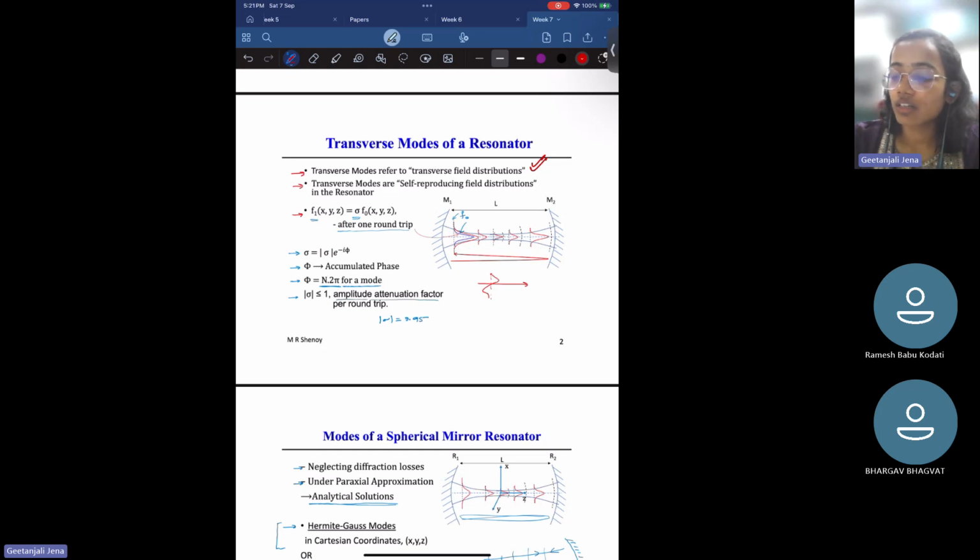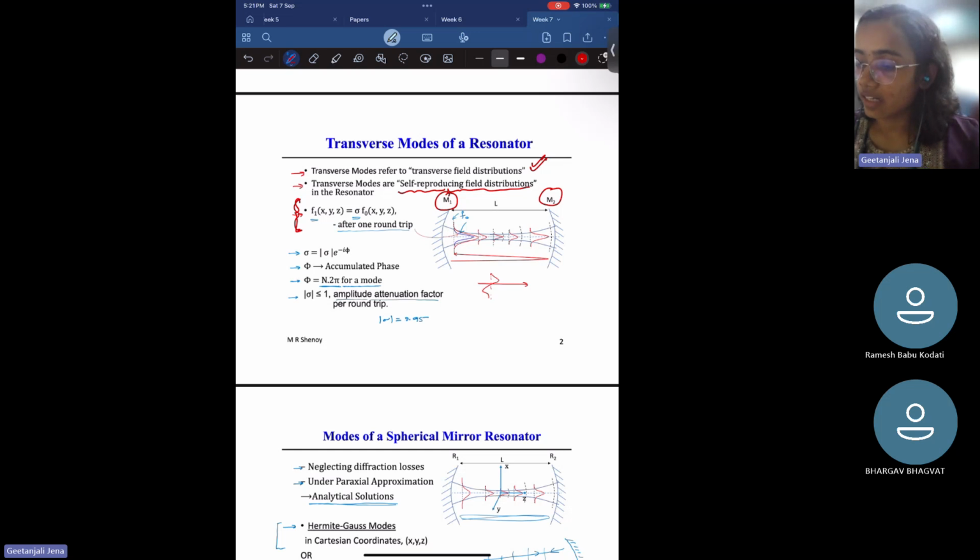The definition of a self-reproducing field distribution is that the field satisfies this condition. Let's say we have an initial field distribution. We have two mirrors here, M1 and M2, separated by distance L. The initial field distribution is F0(x, y, z).